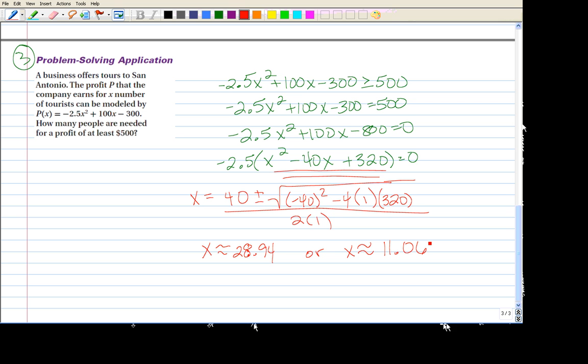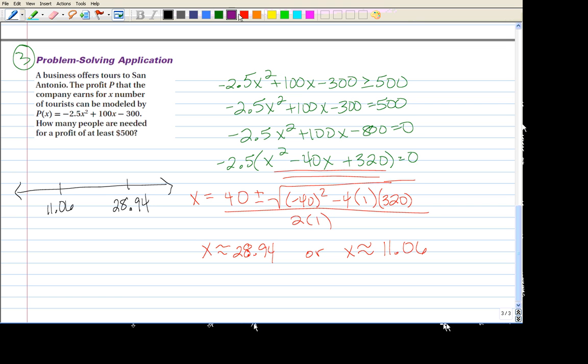So then let's check the number line again. So let's plot the critical values of 11.06 and 28.94 on the number line. And again, let's test the values in each region.